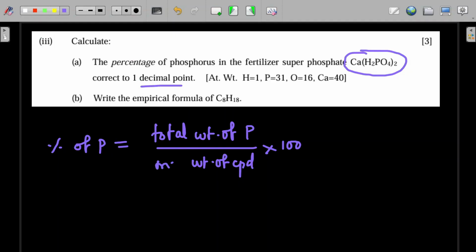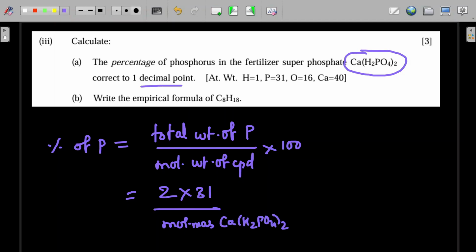Okay. So what you have to do here? Ca(H2PO4)2. You have to find its molecular weight. And in this, how many phosphorus are there? 2. So 2 times the atomic mass of phosphorus, which is 31, divided by the molecular mass of Ca(H2PO4)2, into 100.